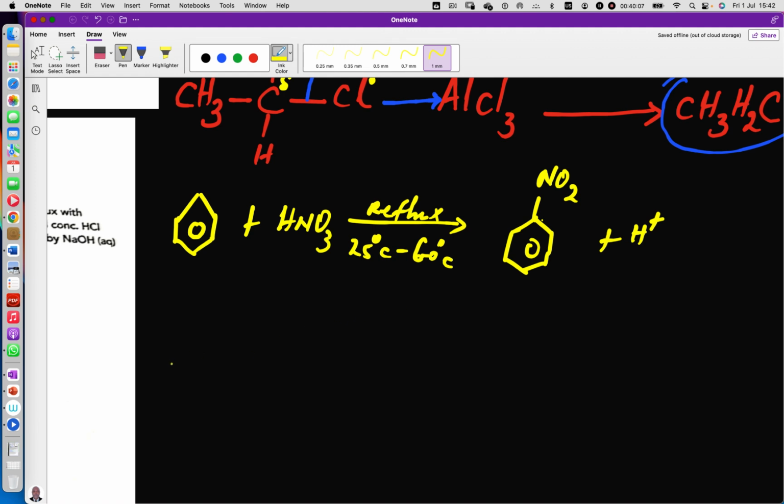So how do we generate the nitronium ion is our question. This is how the nitronium ion is generated.